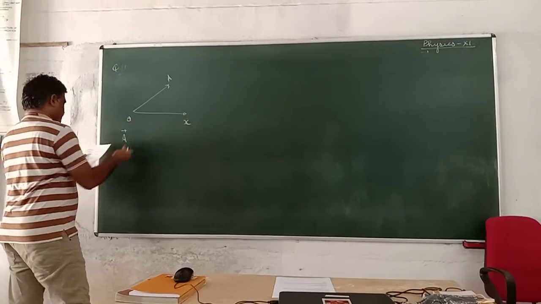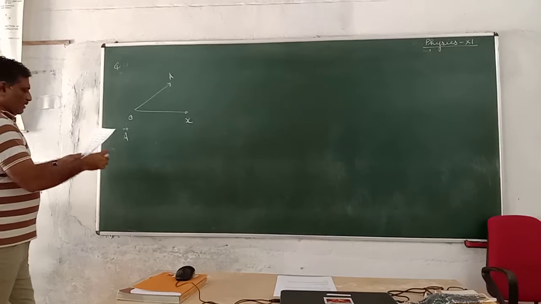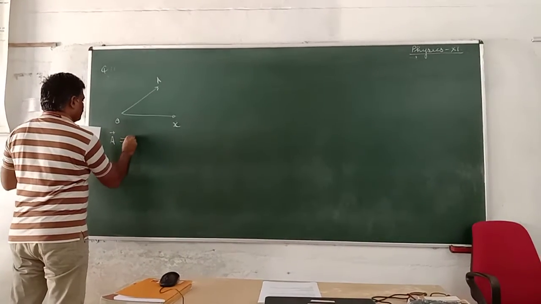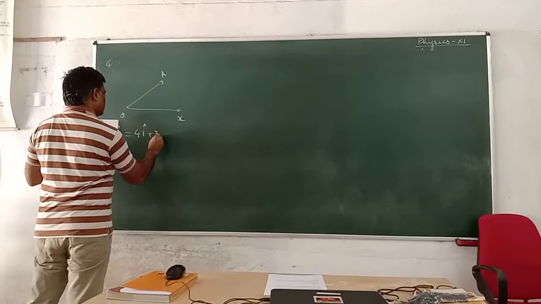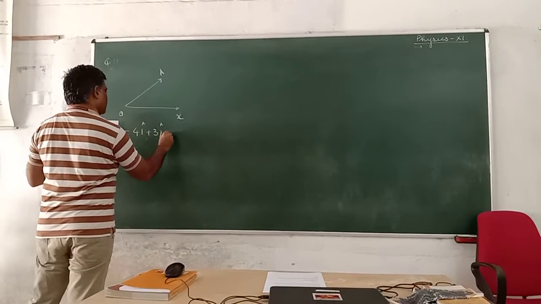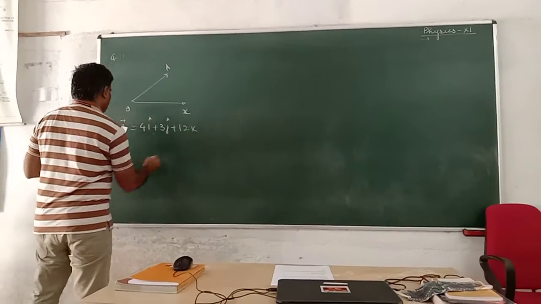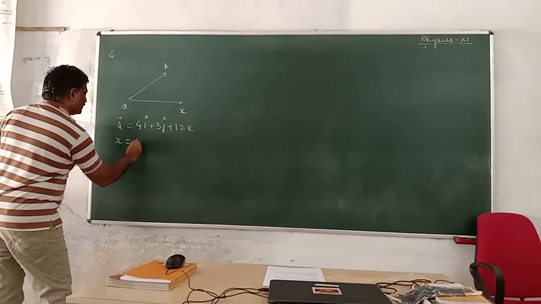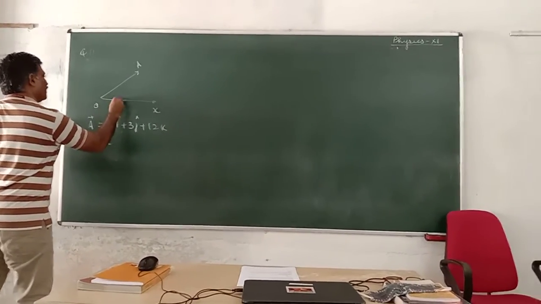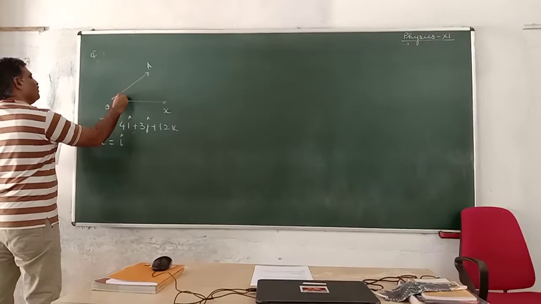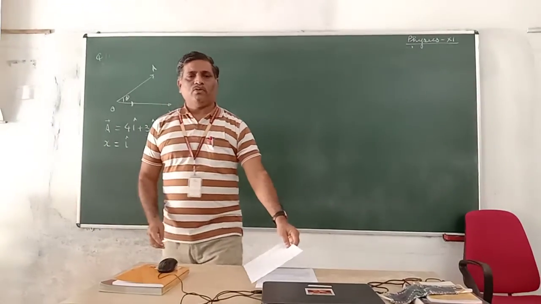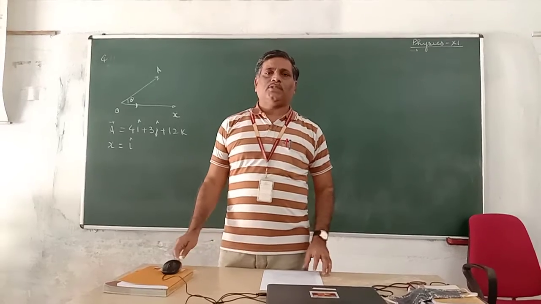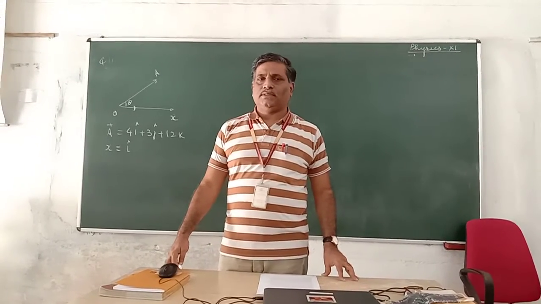Vector A is equal to 4i plus 3j plus 12k, and we want its angle with the x-axis. So the unit vector along the x-axis is i. We want to find the angle between these. Whenever we want to find the angle between two vectors, we take their scalar product.